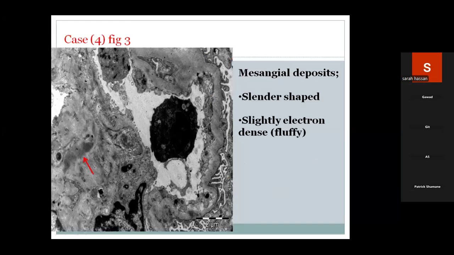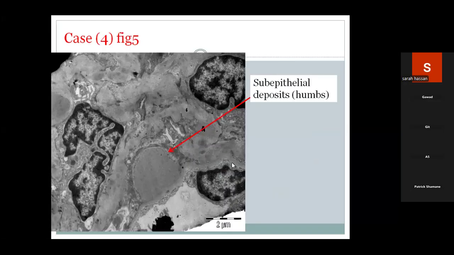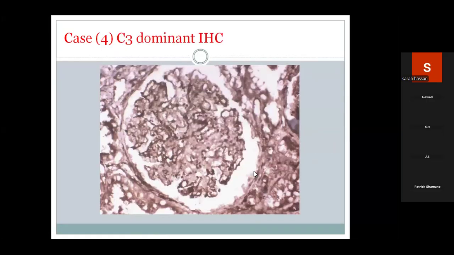So, what's the diagnosis? First, the immunohistochemistry showed also C3 dominance. And these deposits were present also in segmentally sclerosed areas of the glomeruli. That's a picture of C3GN. Why is that C3GN? Because of the description that I have just given about the deposits.